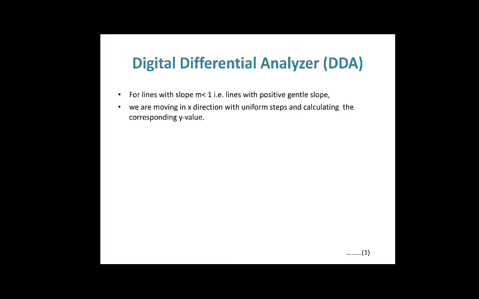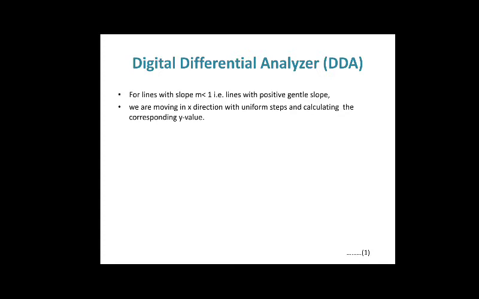In that case we move in the x direction with uniform steps. Uniform steps means we always increment x by 1, and we calculate the corresponding value of y for that particular x point. So y is not incremented by 1, but the value of y is found by using its slope.